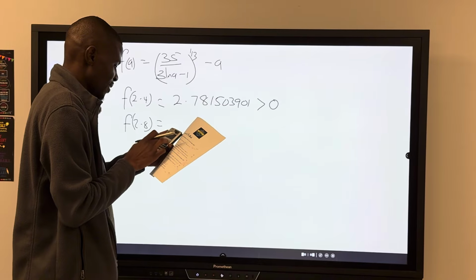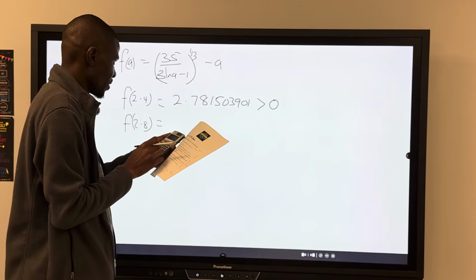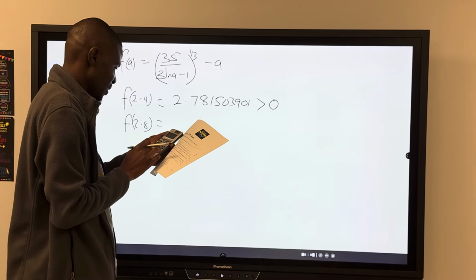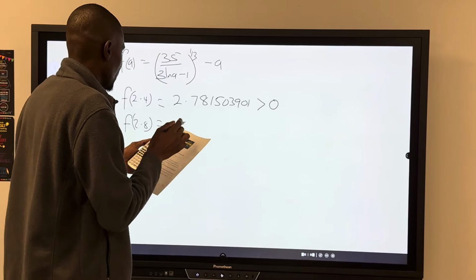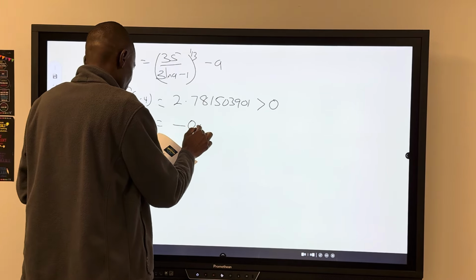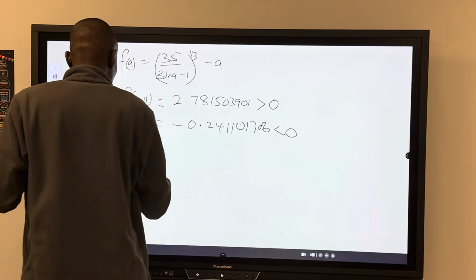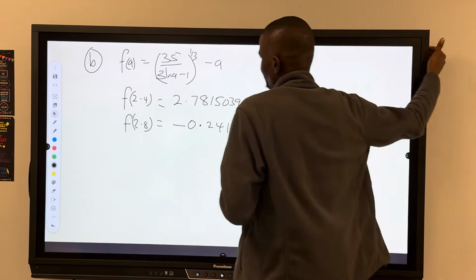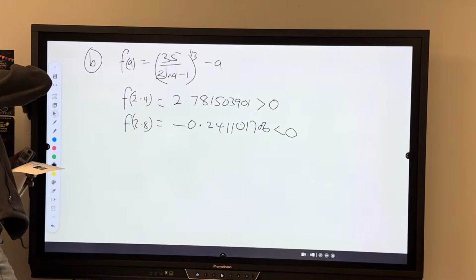Okay, I forgot something on the first one, I'll go back and fix it. Then minus 2.8, right? So this one is negative 0.1706, which is less than 0. So on the first one, we need to fix something. I forgot to subtract.